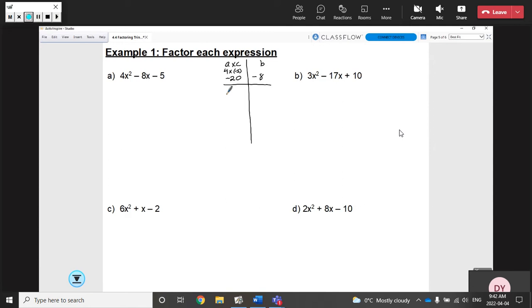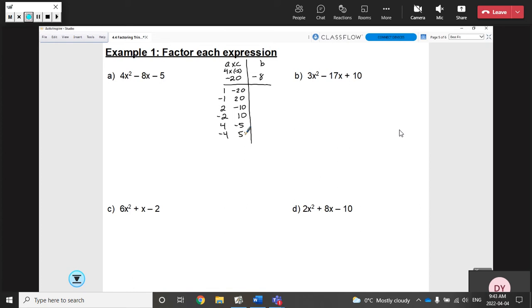Well, I'm thinking 1 and -20, -1 and +20. How about 2? So 2 and -10, or -2 and +10. 3 will not work. 4, 4 and -5, -4 and +5. And I think that's pretty much all of them.